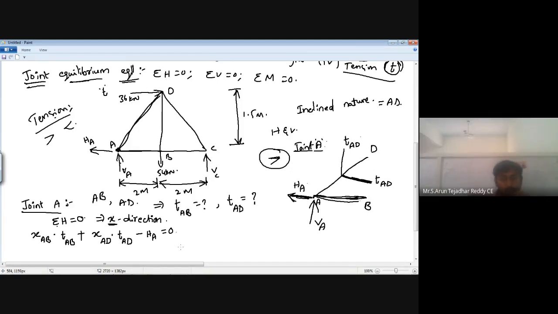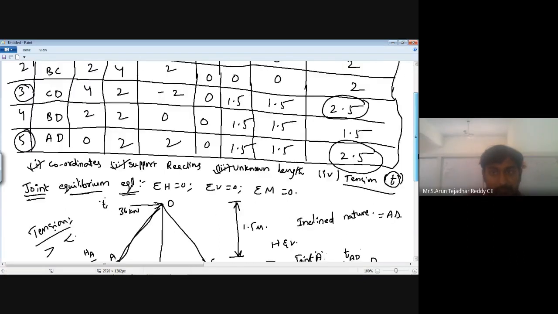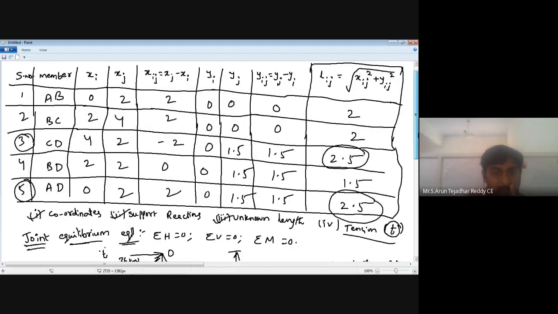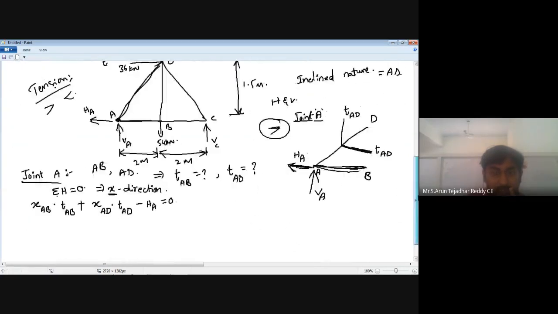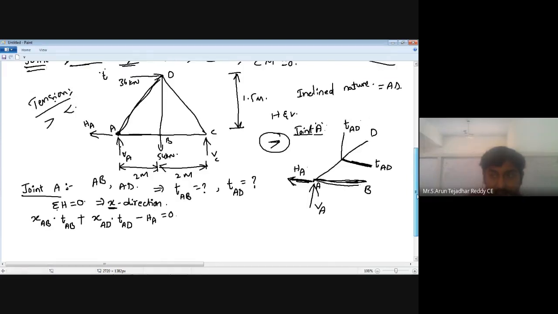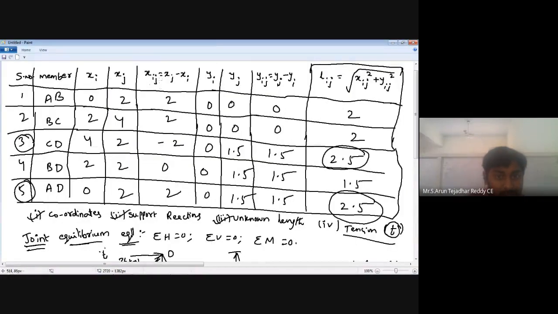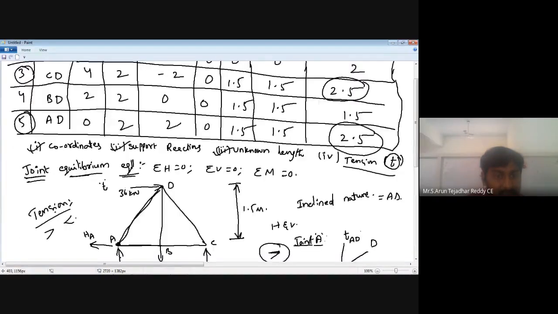And once observe your previous table, in place of XAB, XAD, substitute these values. XAB, that is the first member, XAD, that is the last one.